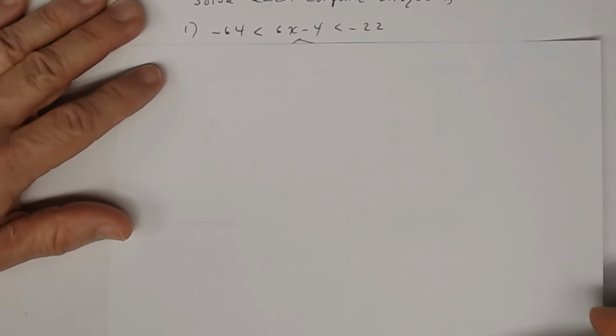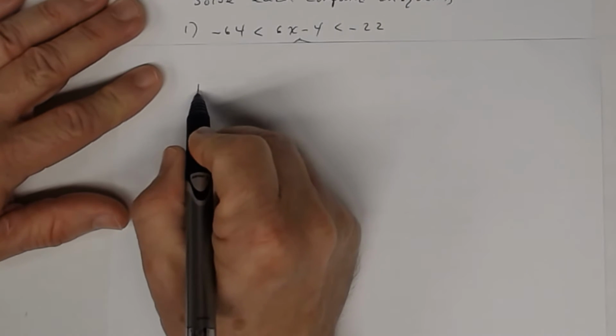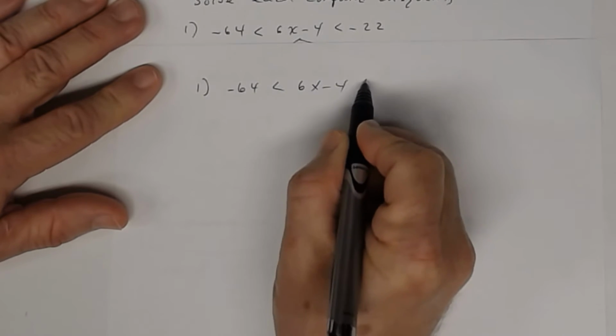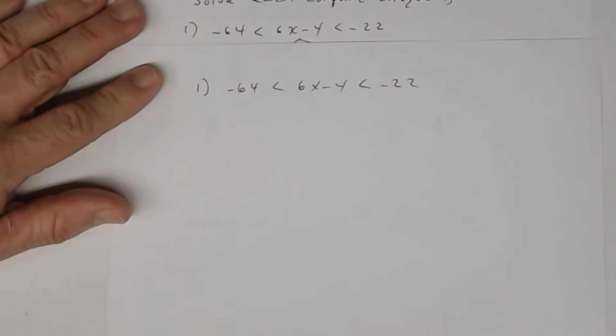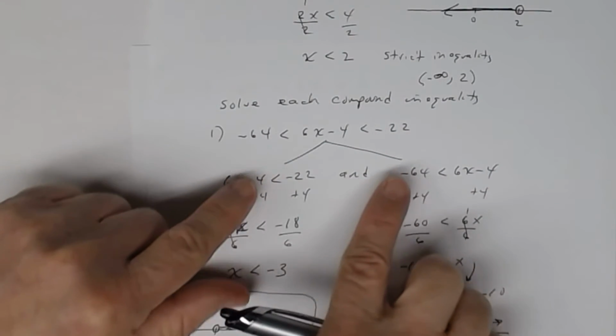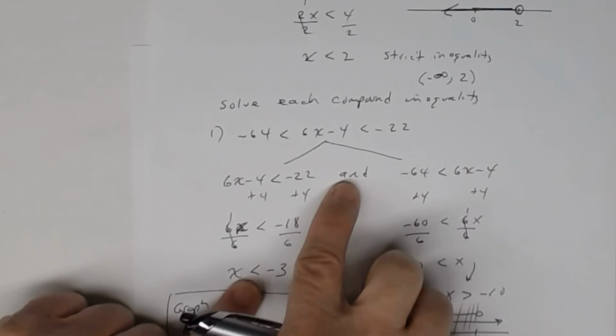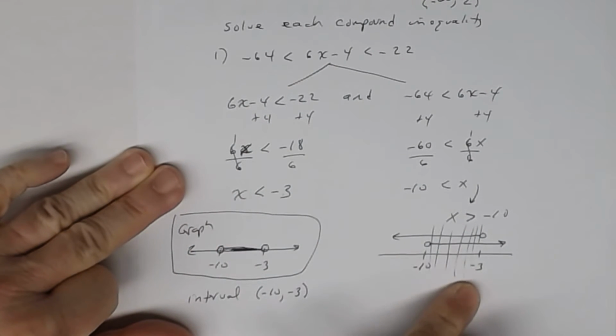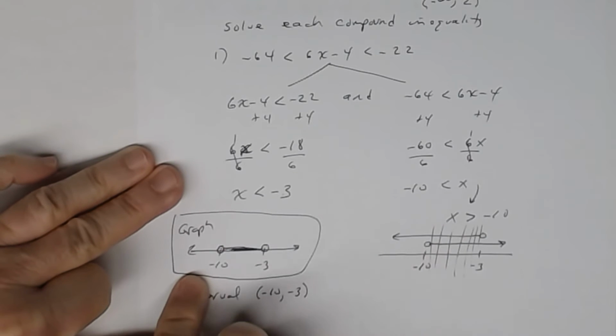So I'm going to go ahead and write this problem over again. This is number 1 again. Negative 64 is less than 6x minus 4 is less than negative 22. All right, so remember in the first approach, we split it up as two simple inequalities with the word and, meaning the intersection, to find the solution to the original.